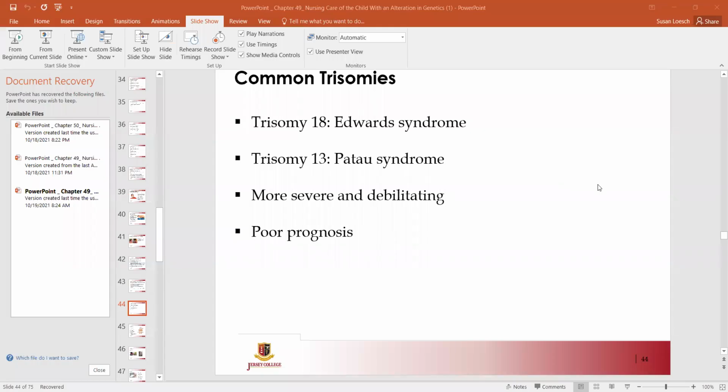Trisomy 18, also known as Edwards syndrome, and trisomy 13, also known as Patau syndrome, are other common trisomies. They're a lot more severe than Down syndrome or trisomy 21. The incidence of trisomy 18 and trisomy 13 is not as common. Trisomy 18 happens at about 1 in 6,000 births, and trisomy 13 about 1 in 10,000 births.